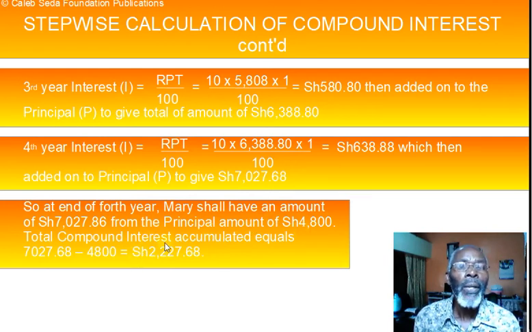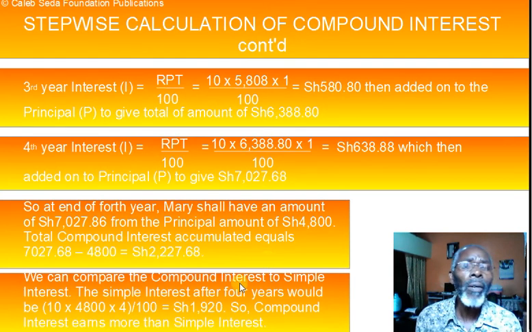The total compound interest accumulated equals the current amount in her account, 7,027.68 cents, minus the investment she put in, which was 4,800, giving a total accumulated interest of 2,227.68 cents.